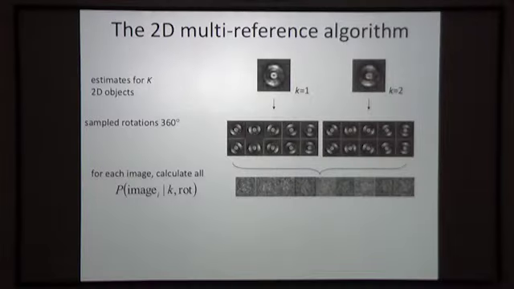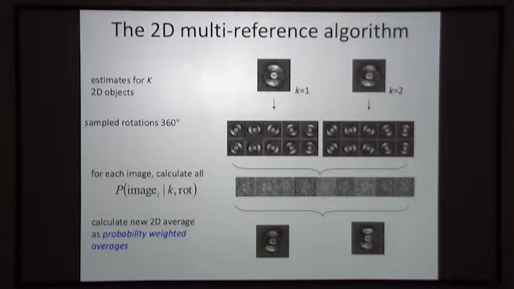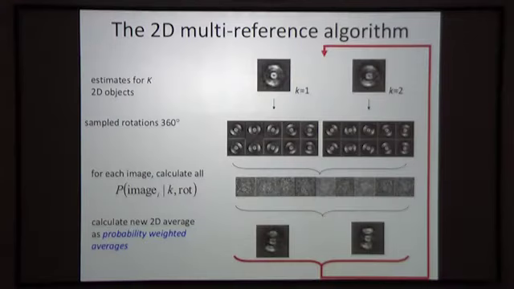We're going to calculate the probability of observing each image, not only for all in-plane rotations, but also for these 2 class assignments. That means that every image in the average for the next iteration will go in with all possible relative rotations with respect to not only one reference, but 2 references.